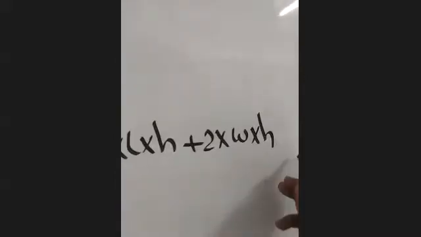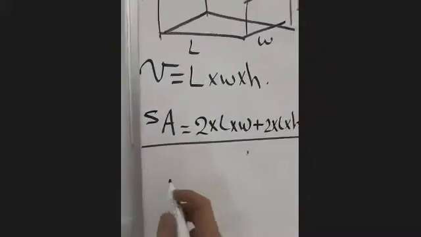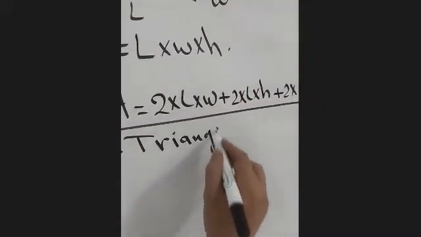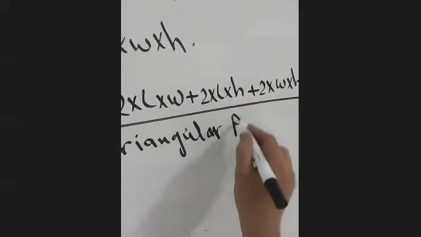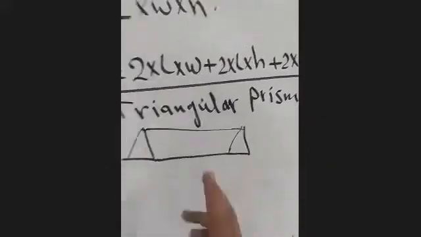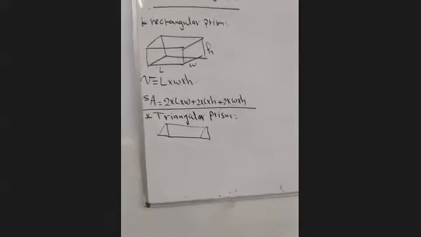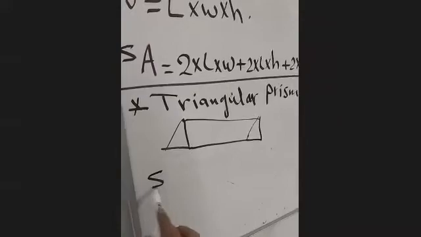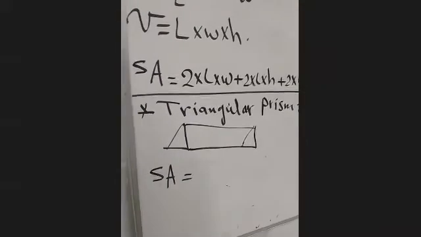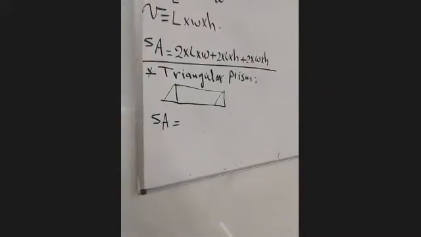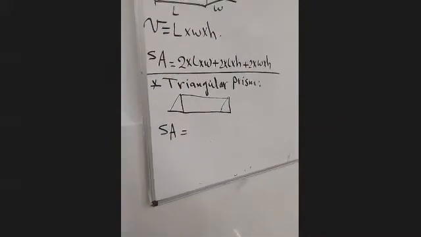The second solid figure we took is the triangular prism. For the triangular prism, we took surface area only. We didn't take the volume. To find the surface area, we started from the 2 triangles, okay?